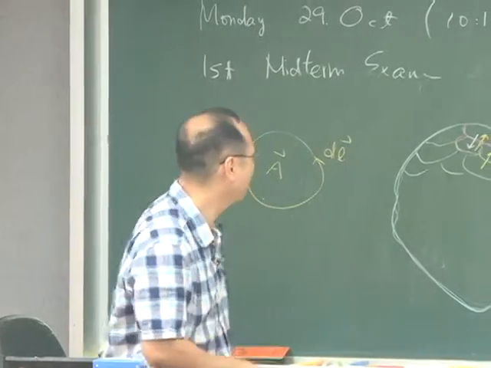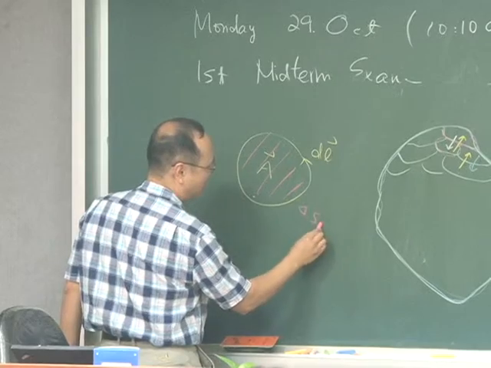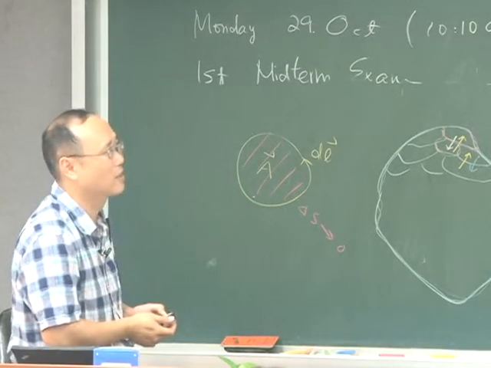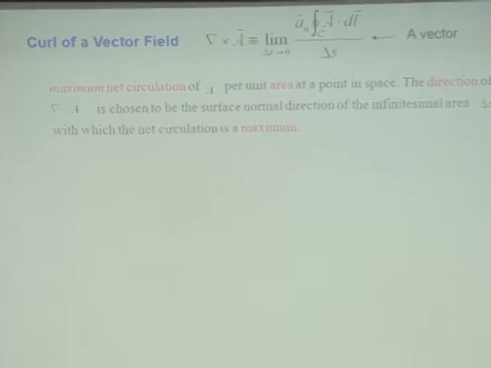So you allow the surface delta S to approach 0. There's a surface associated with it. So you calculate some circulation and average it over a small surface.